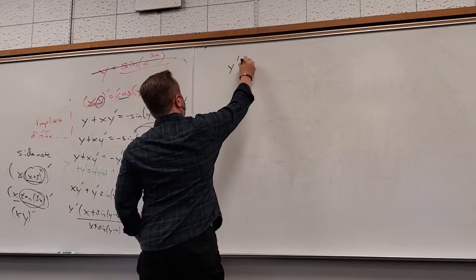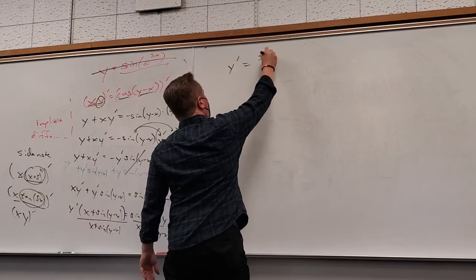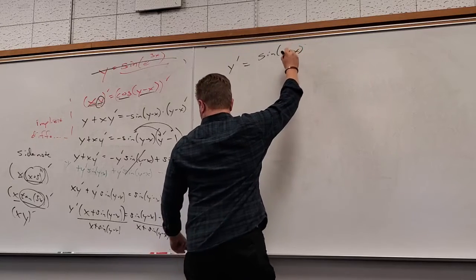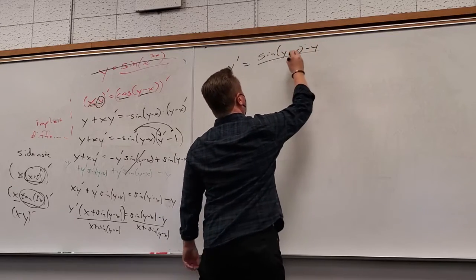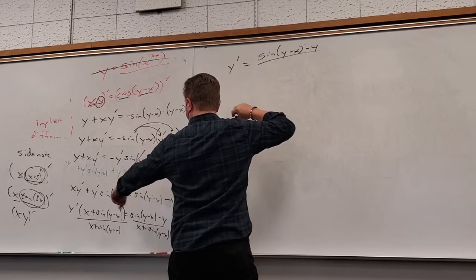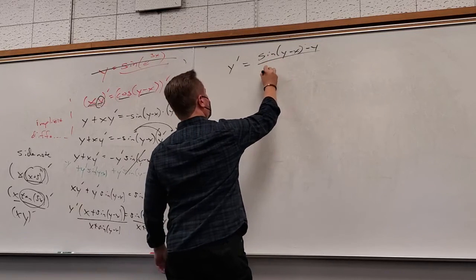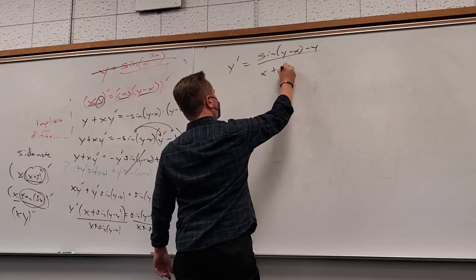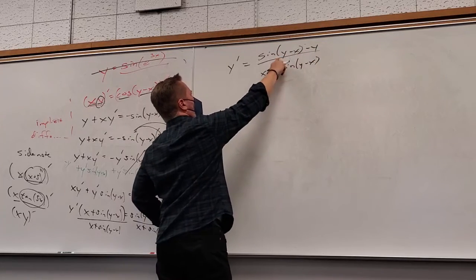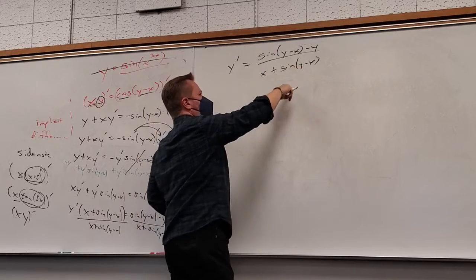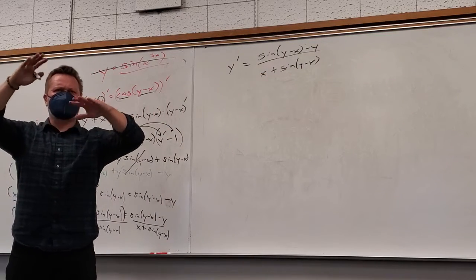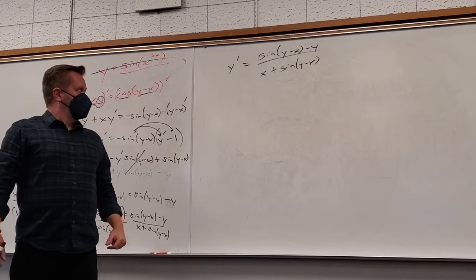So we end up with, this is kind of neat, very often you get some cool symmetry. Watch this. On the top it's negative y plus sine y minus x, on the bottom it's positive x plus sine y minus x.